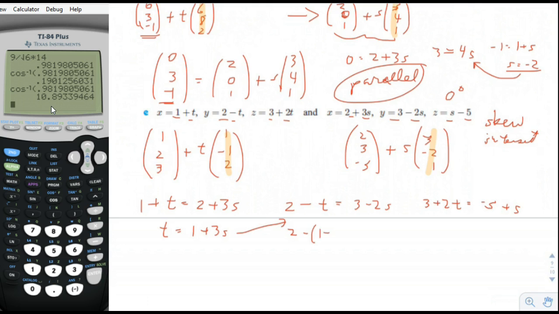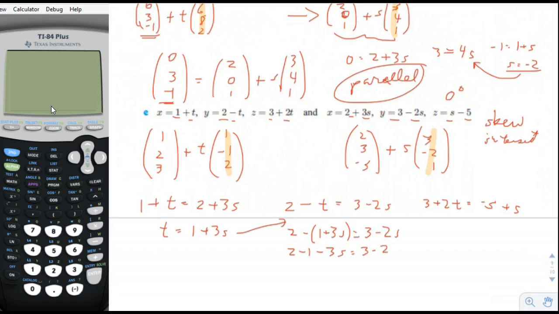2 minus (1 plus 3s) equals 3 minus 2s. 2 minus 1 minus 3s equals 3 minus 2s. S equals 1 minus 3, which is negative 2. S equals negative 2.